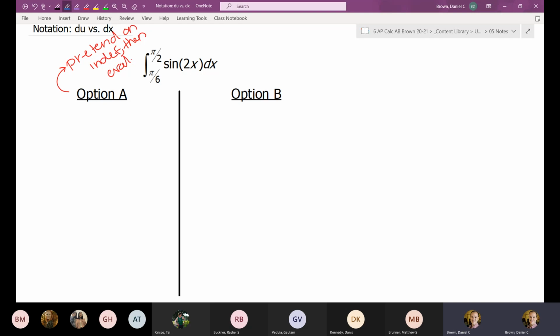You don't need to simplify your answer, but practice evaluating the trig with the unit circle.